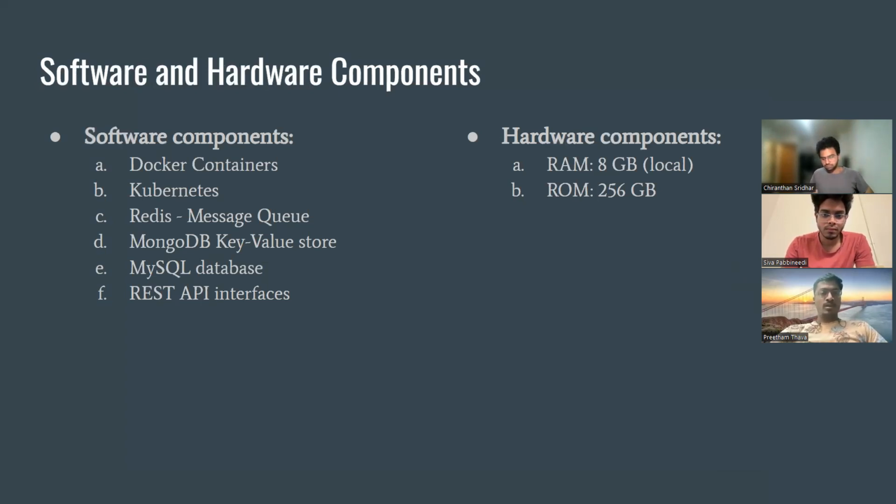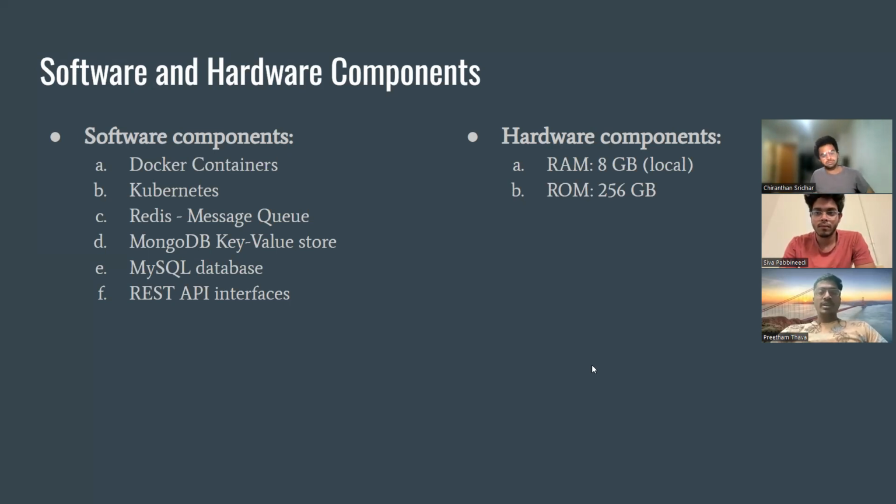Coming to software and hardware components. The software components we use are Docker containers and Kubernetes, and we have the Redis lists which we are using as message queues. We have three Redis lists: the restock queue, the request queue, and the logging queue.